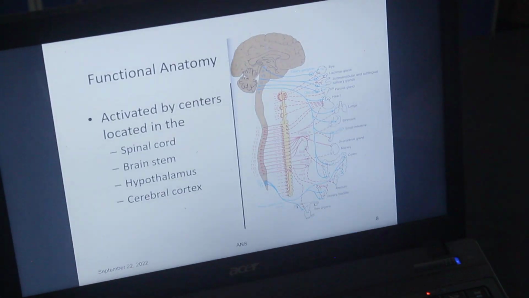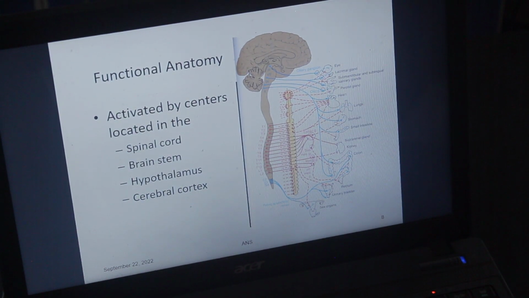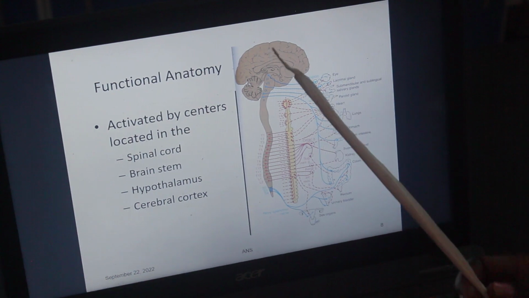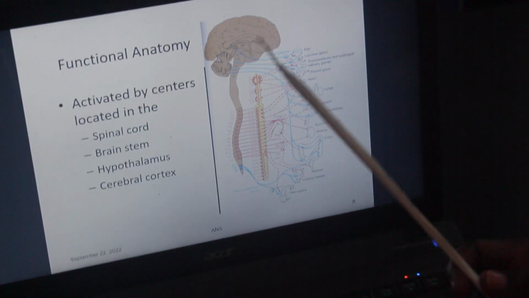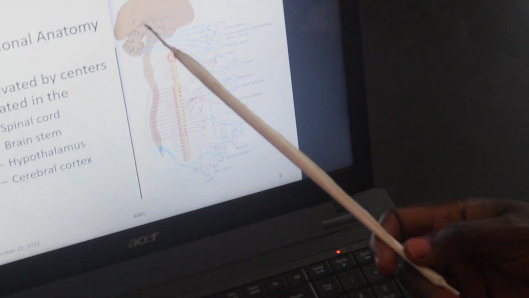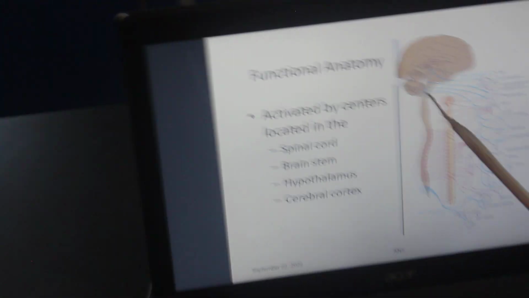Look at this anatomy, just a brief anatomy of the autonomic nervous system. Now, when you look at the picture, the brain is at the center of the central nervous system, connected by the spinal cord.